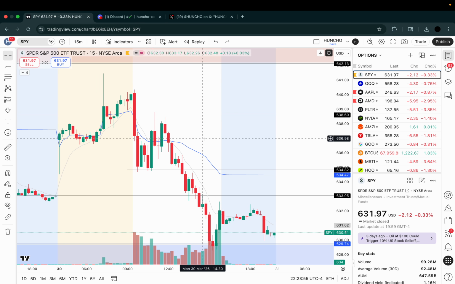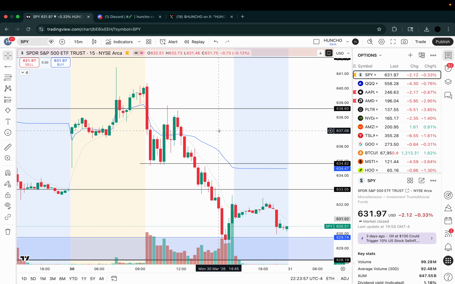So yeah, guys, that was how I took this play today. And another thing, fellas, is you have to understand that right now the market is news driven. It's political. Whether you like it or not, the market doesn't care about your feelings. A lot of people act like a victim and say this market's stupid. Well, you need to adapt, or else you're going to continue to lose. Nobody's coming to save you.